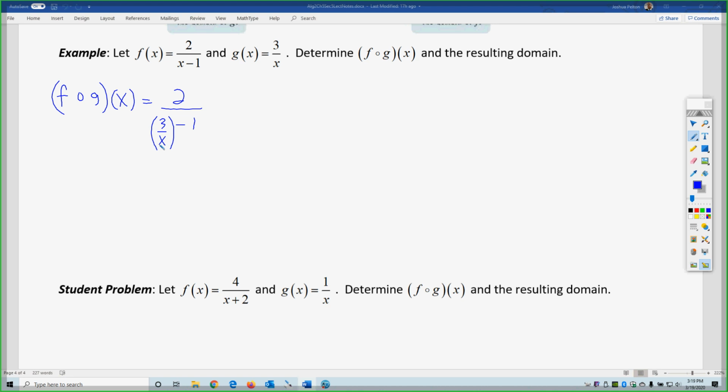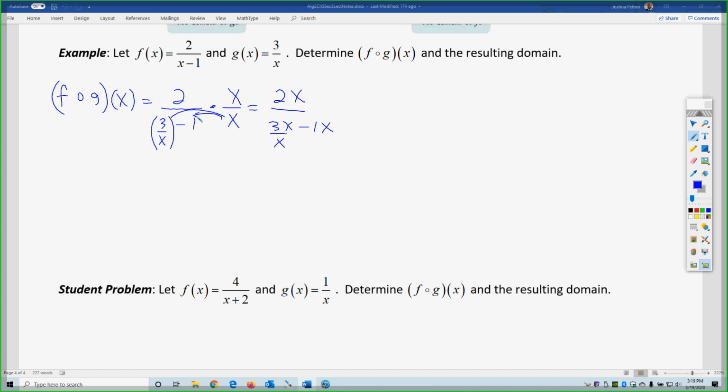Okay, so the problem is now we have a complex fraction, which is a fraction with fractions. I need to get rid of that extra denominator, so I'm going to multiply by x over x, which is 1, which will not change the problem. So that gives me 2x on top, and if I distribute on the bottom, I get 3x over x minus 1x.